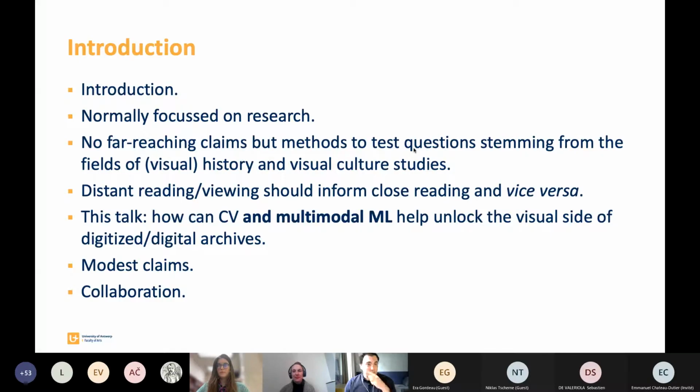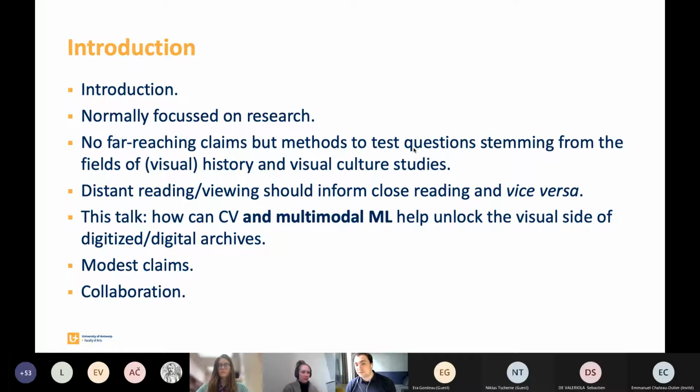So as Julia already mentioned, I'm a historian of 19th century visual media, mostly, also a little bit early 20th century. And I always have been interested in how we can use computational techniques to study the wealth of images that we have in modernity. So normally my work is, of course, as a postdoc, very much focused on research.